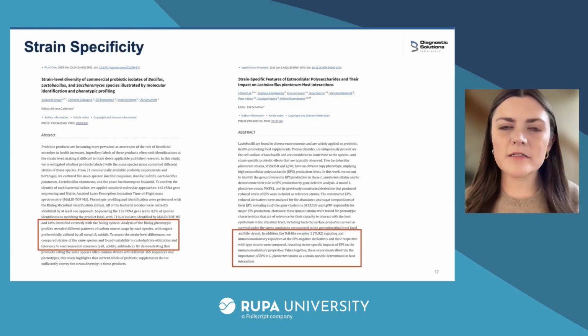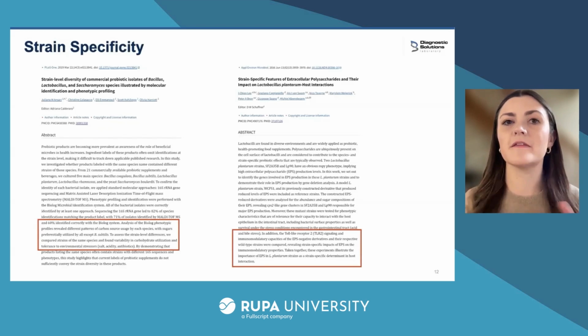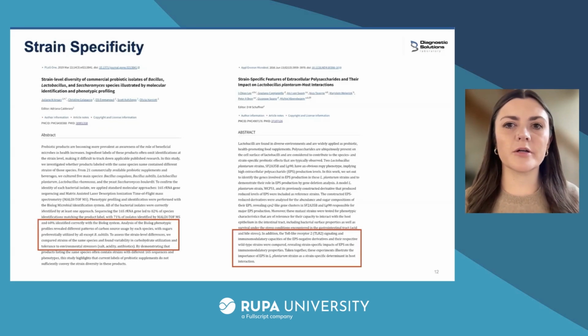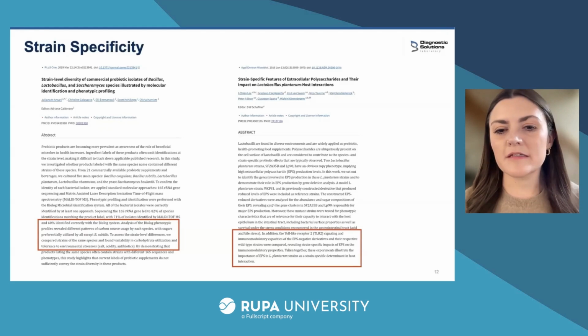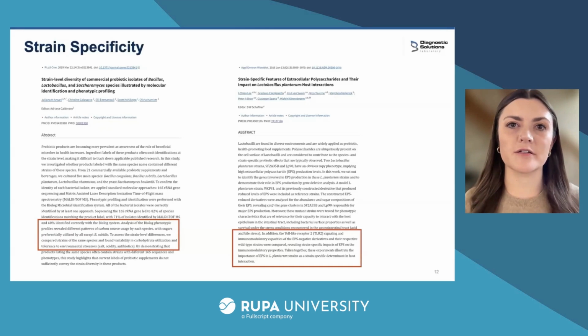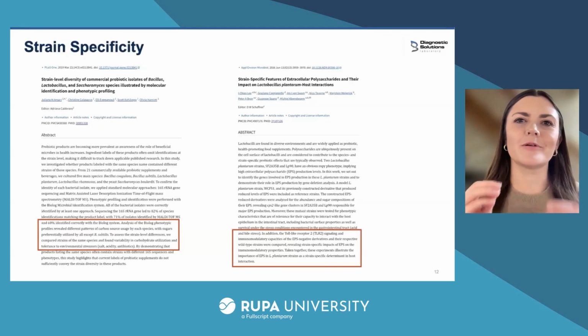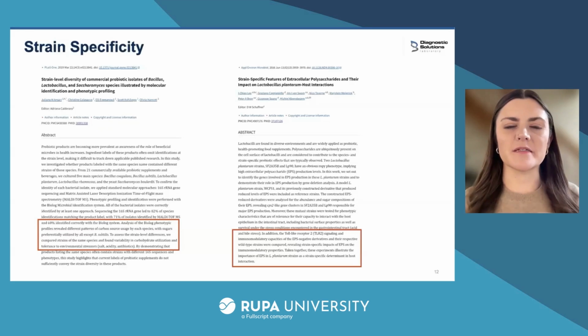The study on the right was looking at different strains within Lactobacillus plantarum, so within the same species, and their ability to produce extracellular polysaccharides, which can have interactions with our immune system. They found that there were strain-specific impacts of these extracellular polysaccharides, and that did impact immunomodulatory properties. So again, just to illustrate, we want to think about strains. We can get much more specific when we're looking at strains versus species level.